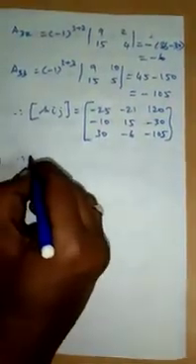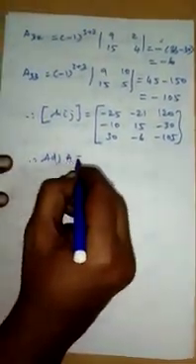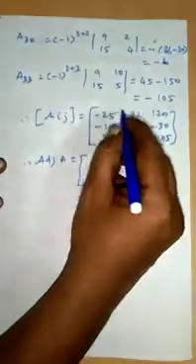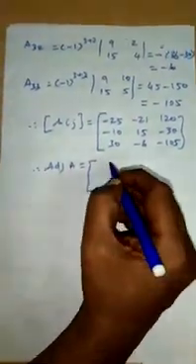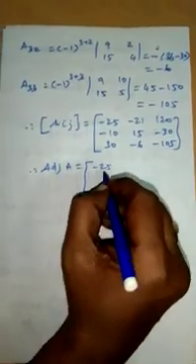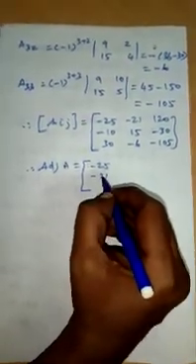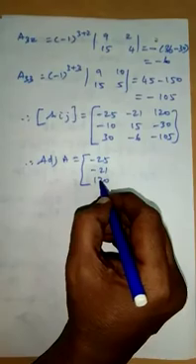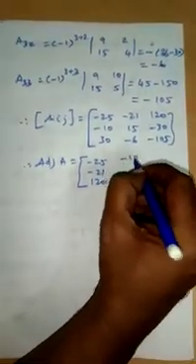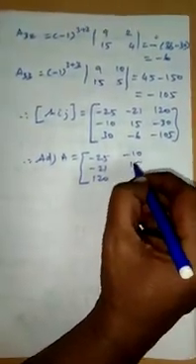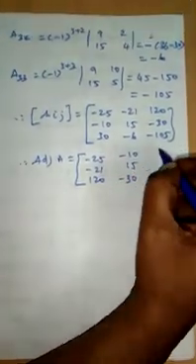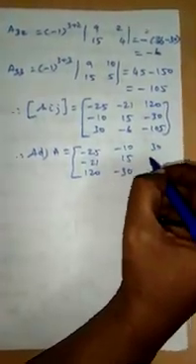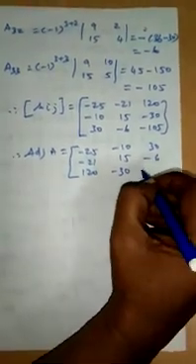Therefore, adj A is equal to, turning rows into columns, minus 25, minus 10, 30, minus 21, 15, minus 6, 120, minus 30, minus 105.